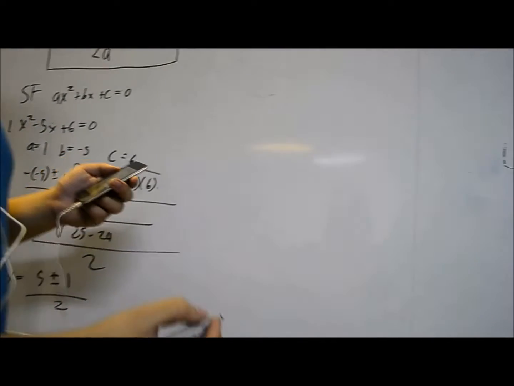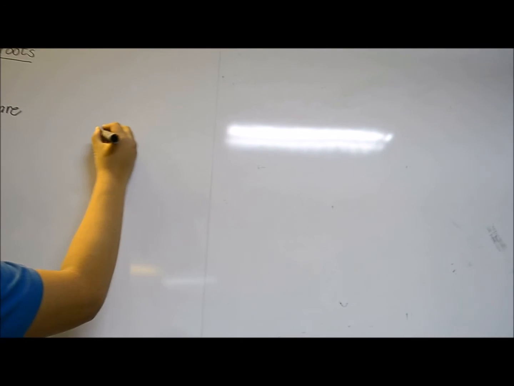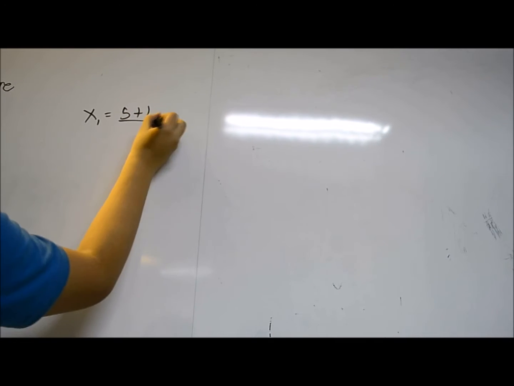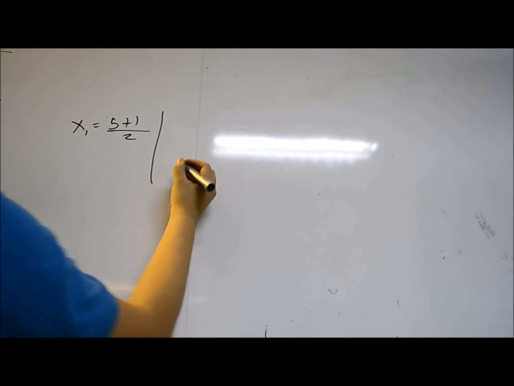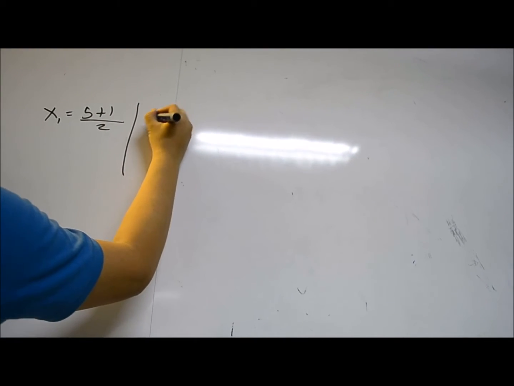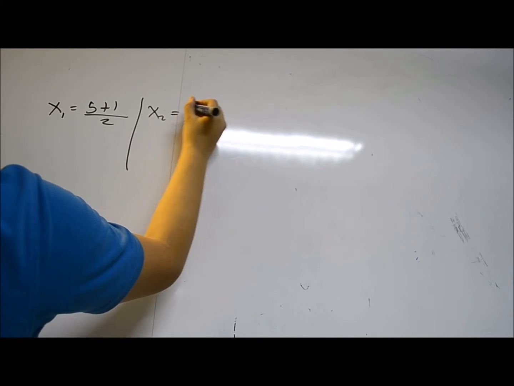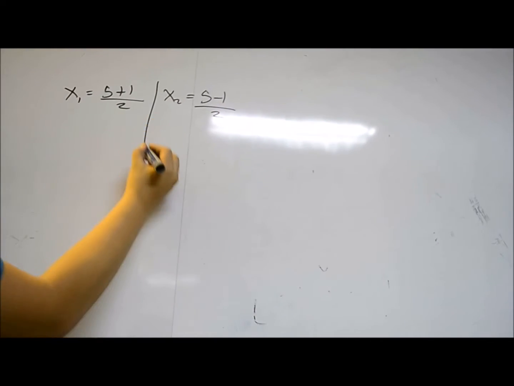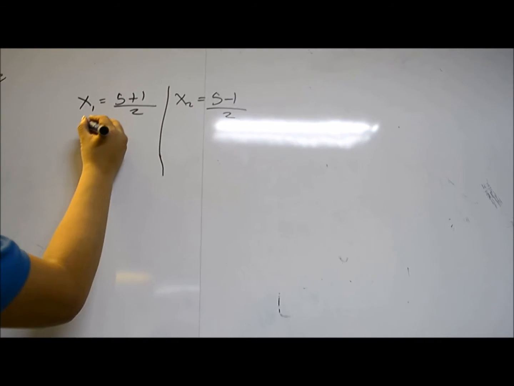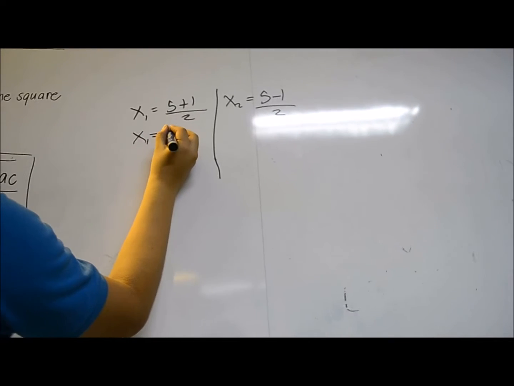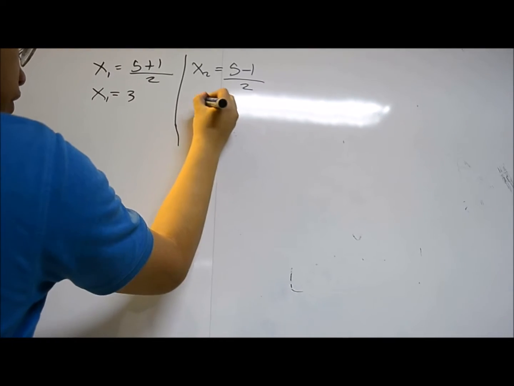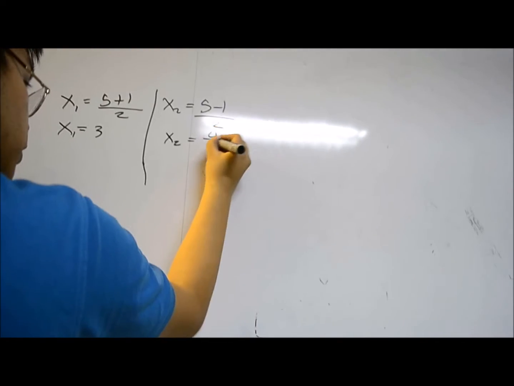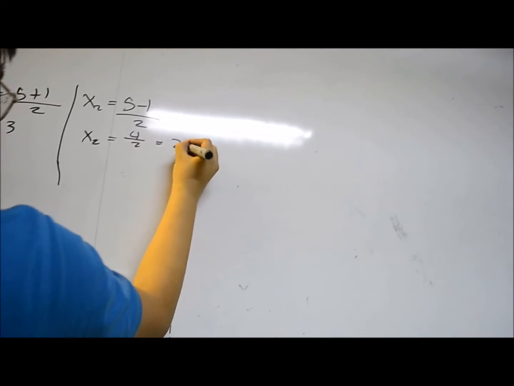Let's separate the two roots. Separating the plus, we'll have 5 plus 1 over 2. Separating the negative, we have x sub 2 equals 5 minus 1 over 2. So we shall have x sub 1 equals 3. We shall have x sub 2 equals 4 over 2, or simply 2.